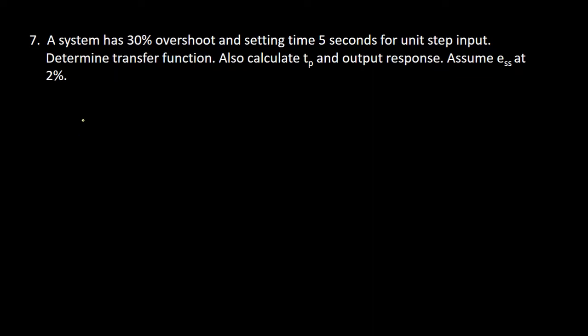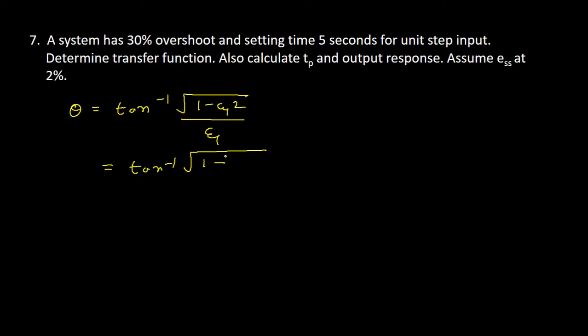Now we will find out the angle theta. The formula for angle theta is tan inverse under root 1 minus zeta square upon zeta. So we put the value of zeta here, we'll get tan inverse under root 1 minus 0.3578 square divided by 0.3578.